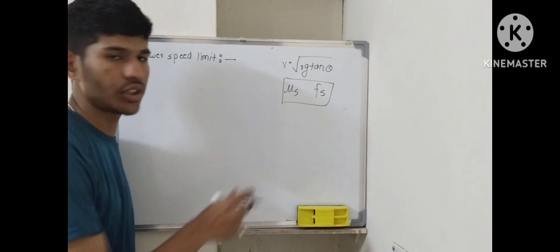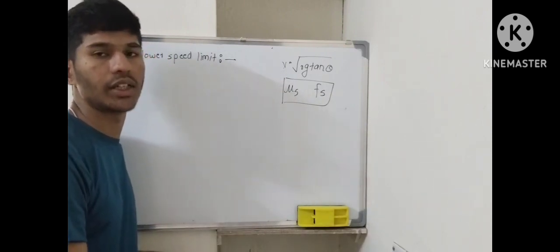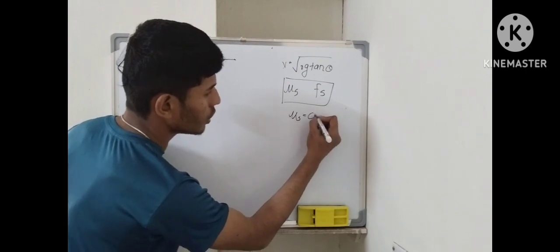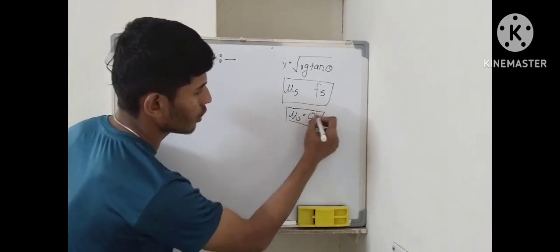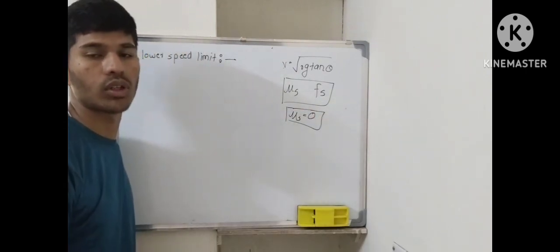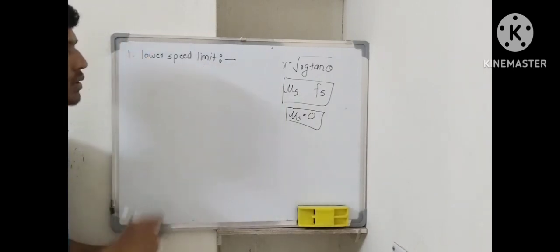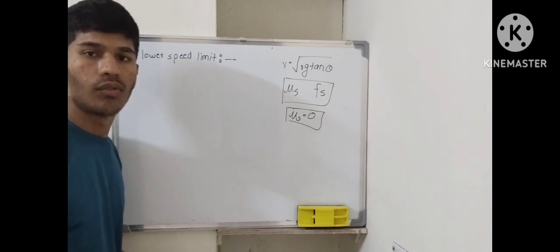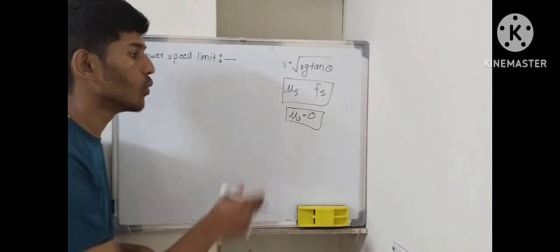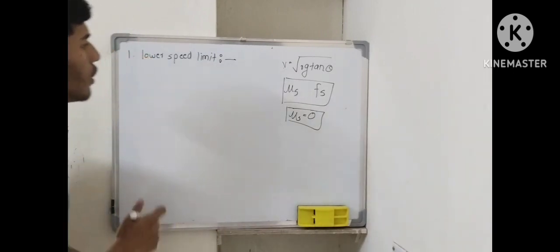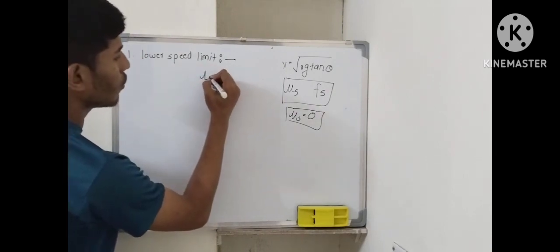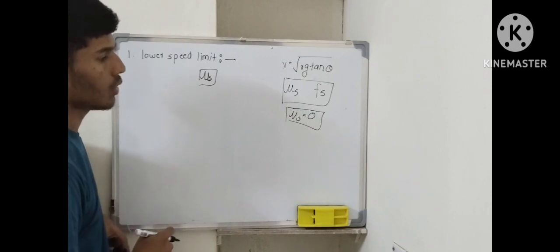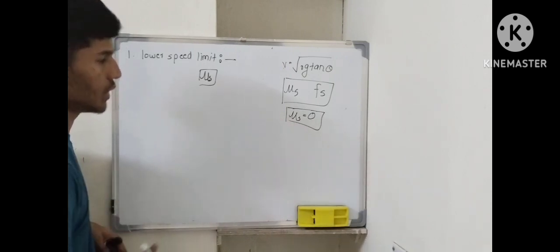The coefficient of static friction and force of static friction were not considered because we took the value of μs as 0 for uniform roads, and in this case we are going to take the force into consideration, that is μs. So the value of μs will matter here.